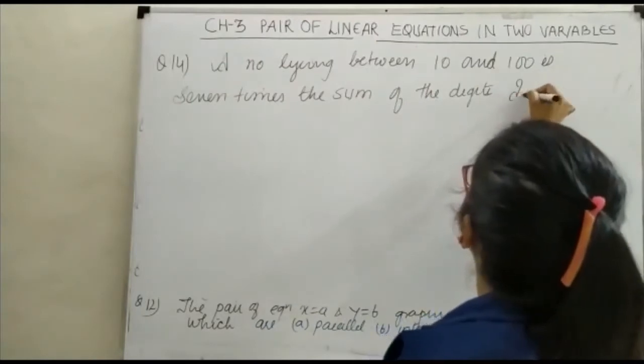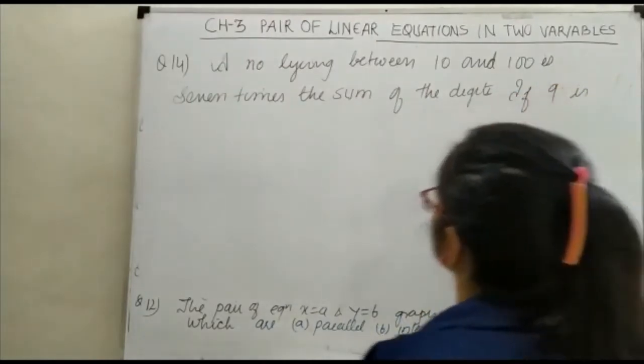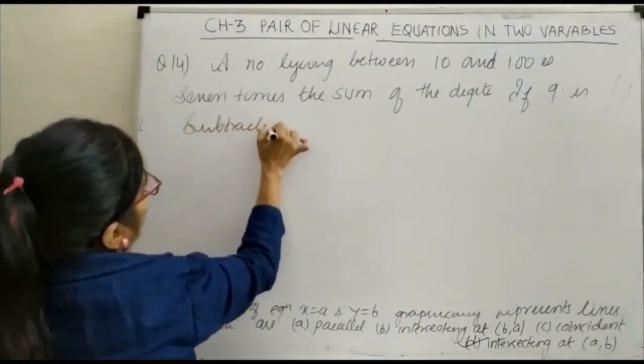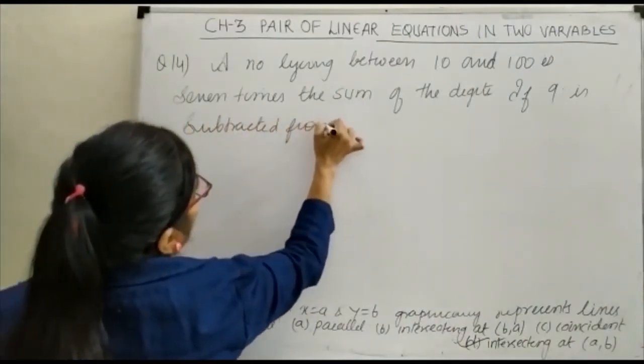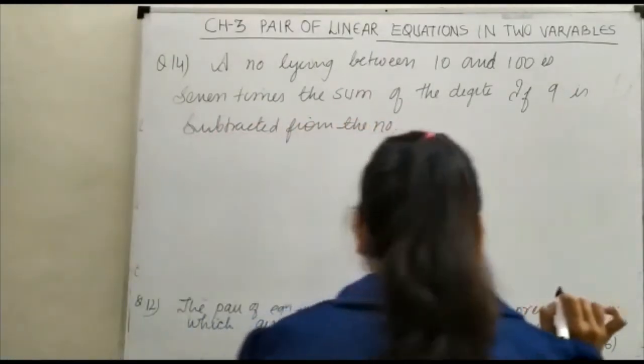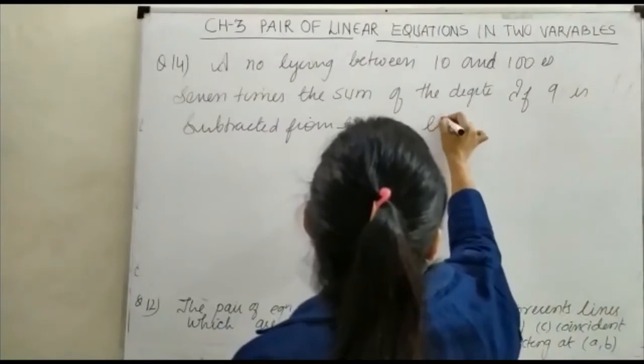If 9 is subtracted from the number, the digits are reversed.